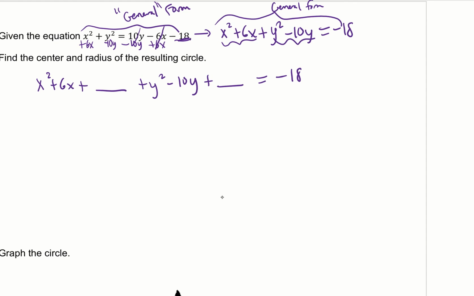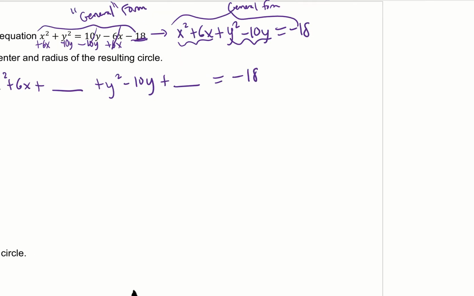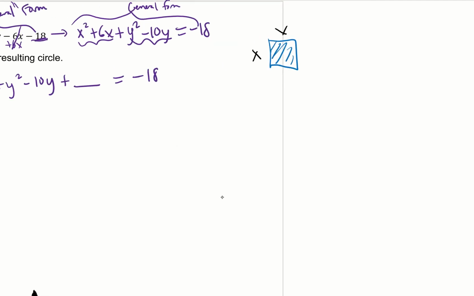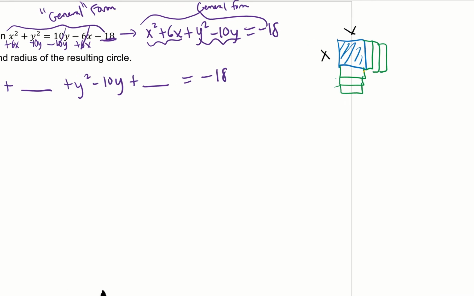So in order to model x squared plus 6x, remember that in terms of algebra tiles, we have ourselves an x squared, and we have 6 of the rectangular algebra tiles, which means you're going to have 3 on each side, right? So 3 here, 3 there, and they're going to be positive.